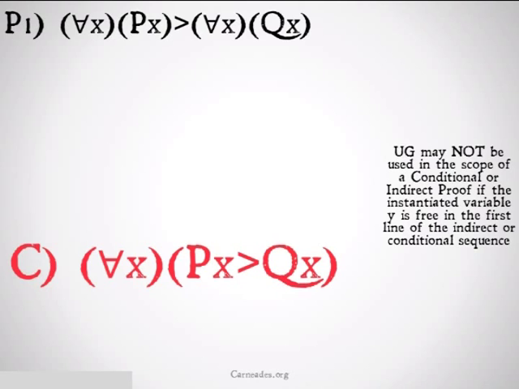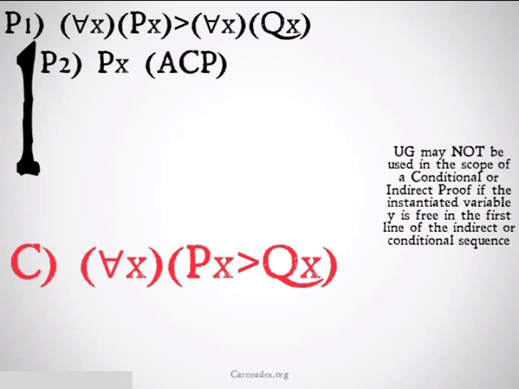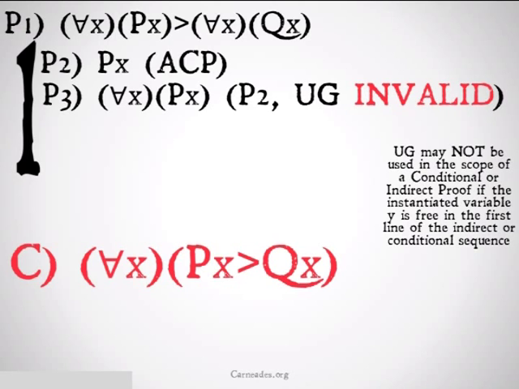The reason it's going to be invalid is it can only be derived by using the invalid version of universal generalization, or probably some other ridiculous rule. But that's what we're focusing on here. What you would do if you were trying to incorrectly prove this would probably be to assume, with your assumed conditional proof, x is a P, and you draw your line going down.